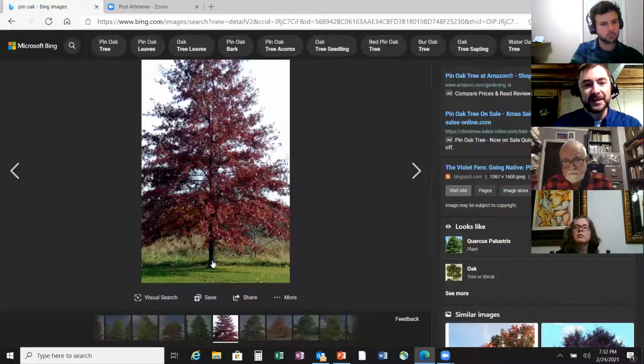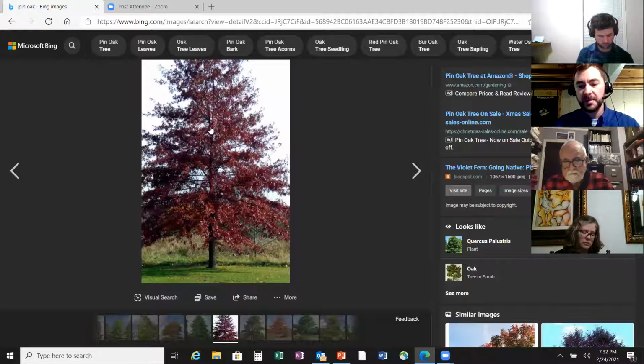You will have a lot of small twigs and branches coming off of each branch, and along the trunk you will have a lot of small growth. It will be very clogged as you're looking up. It's a very full and kind of what I call messy oak tree. A lot of sprouts.